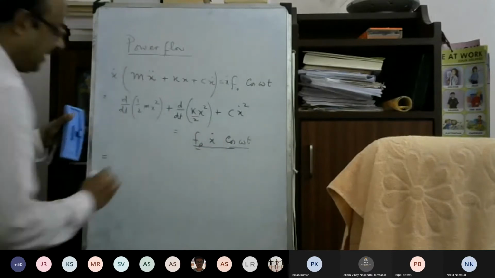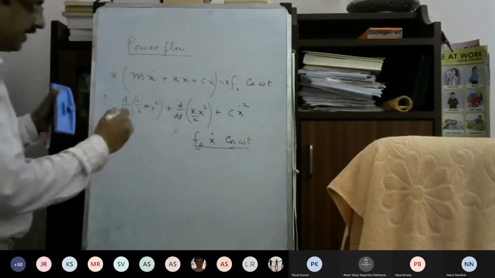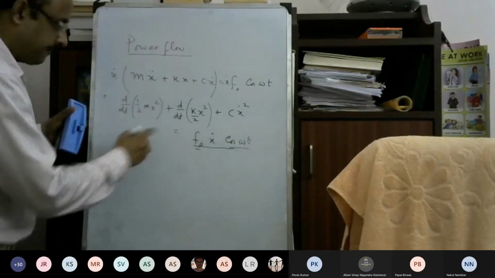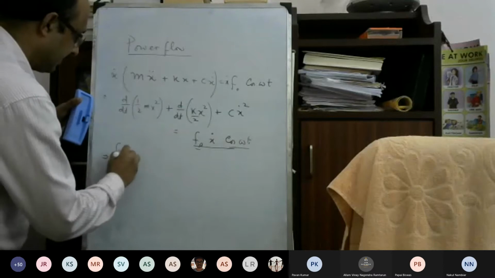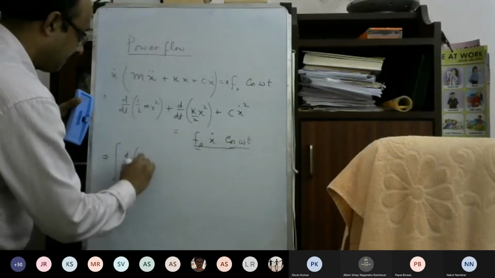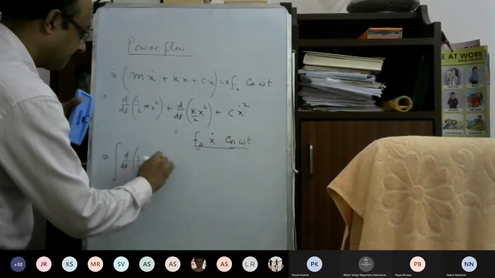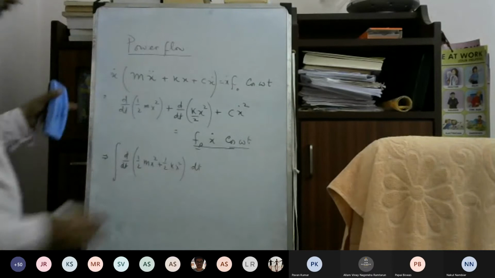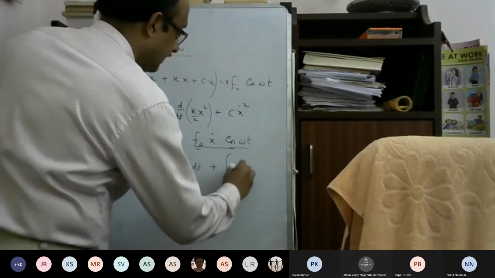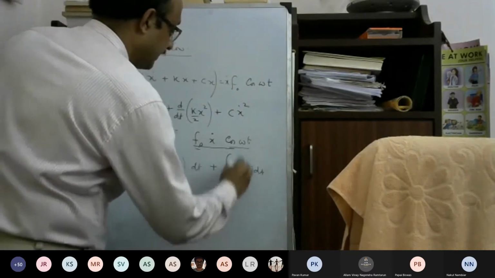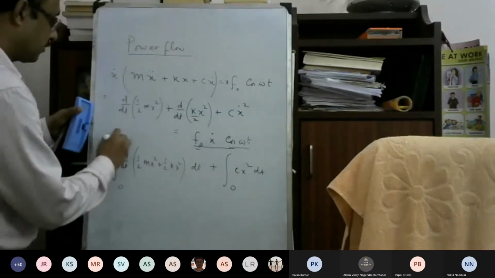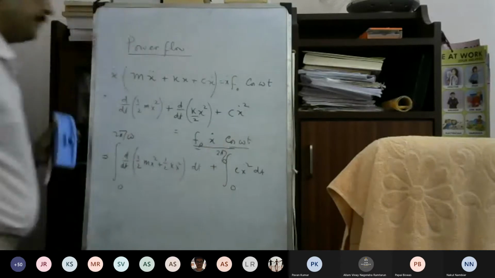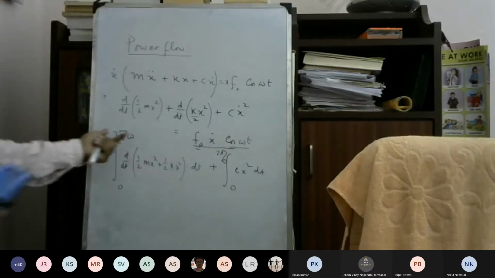And now, if we integrate over time, so what I am doing, I am integrating this equation, d/dt of half m x dot square plus half k x square, d/dt, okay, plus c x dot square dt, from 0 to 2 pi by omega. That means in one time period.